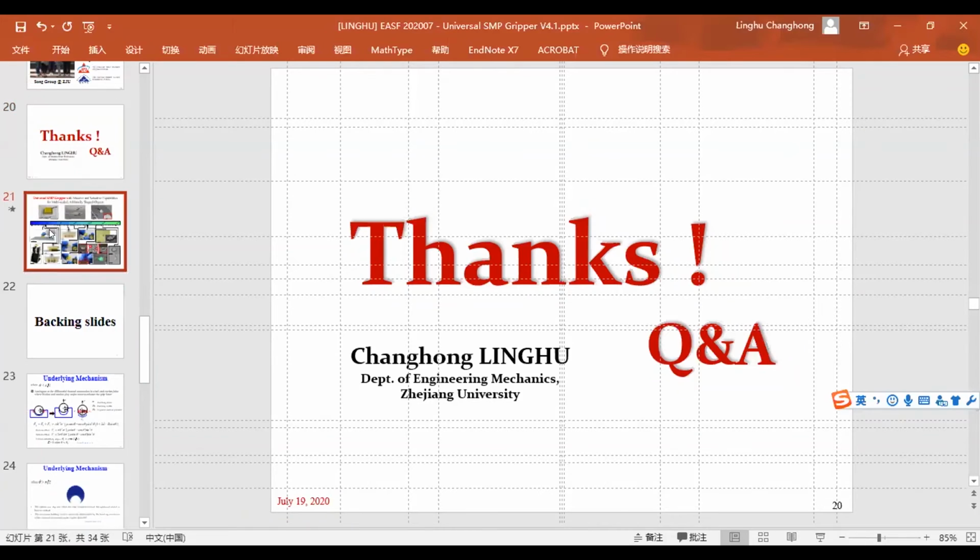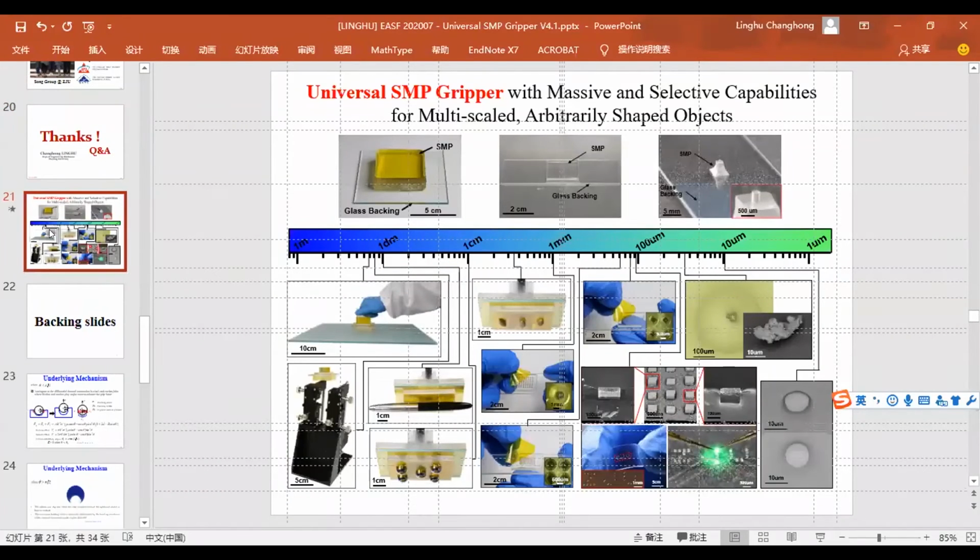To my knowledge, one challenge in the field of soft robotics is small-scale robots or actuation. And I see that you demonstrate some capability of grabbing microscale or even mesoscale particles using grippers.